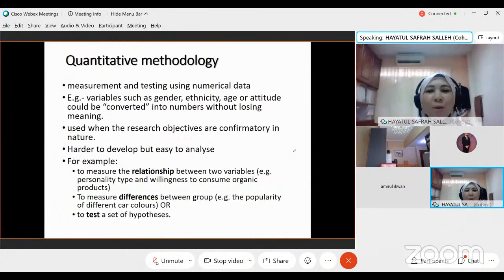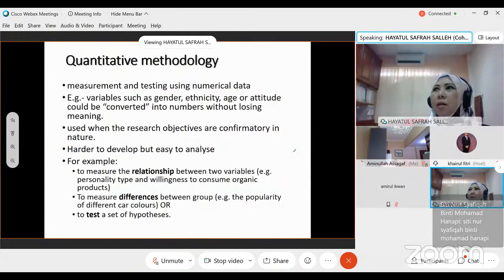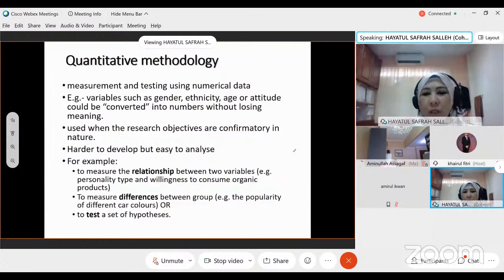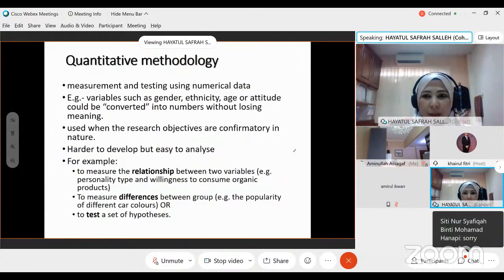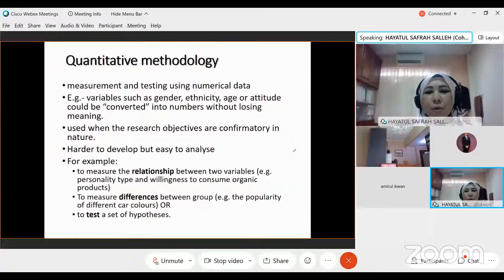You also put numbers in for variables such as attitude, psychology, awareness, perceptions. We normally use items to measure the attitude, awareness or perceptions of the consumers, for example.